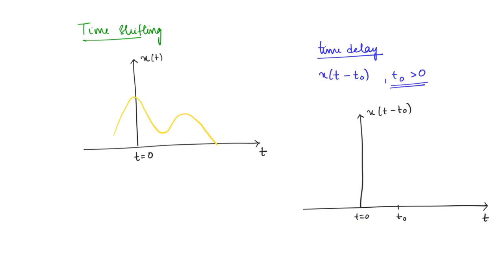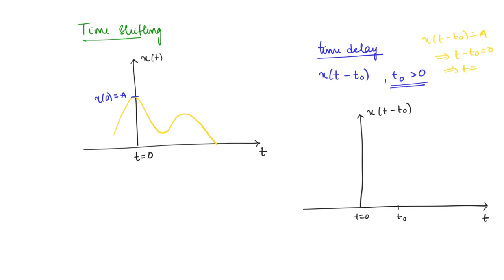Now what will happen? Each of the points of x of t is going to be shifted by t naught. If you take t is equal to 0, let us say that this point here is a. That means x of 0 is equal to a. Now x of t minus t naught, if it has to be equal to a, this means that t minus t naught should be 0.